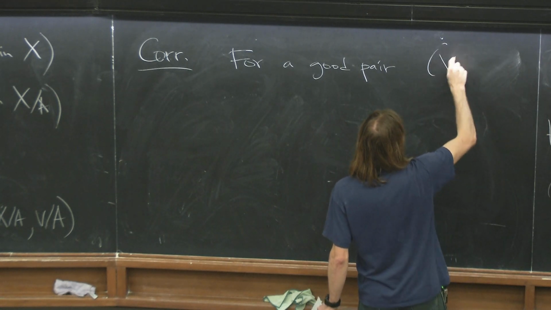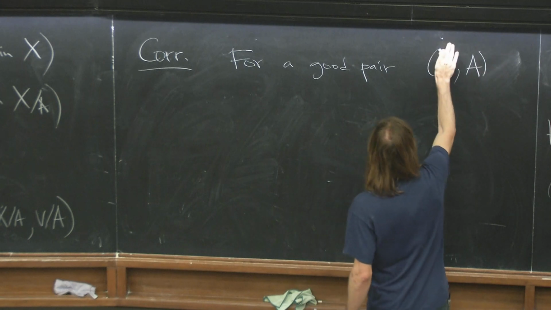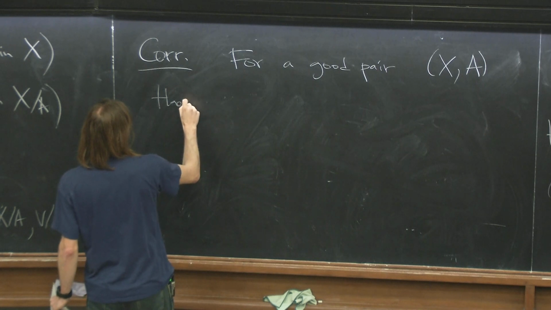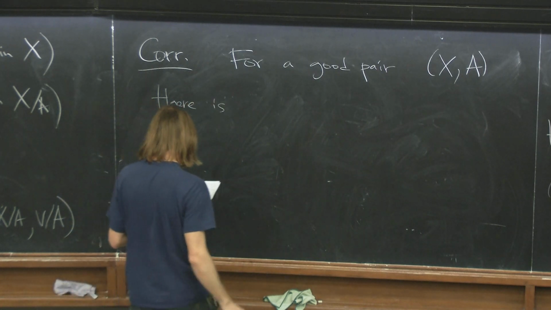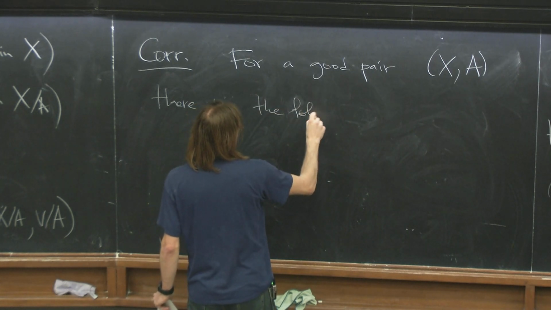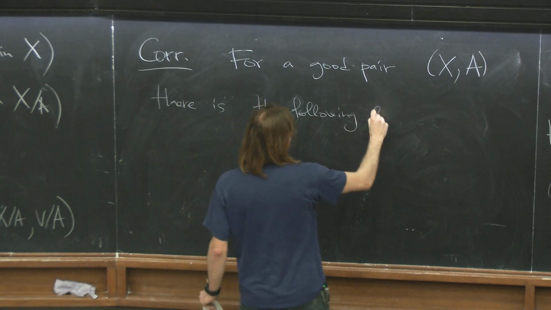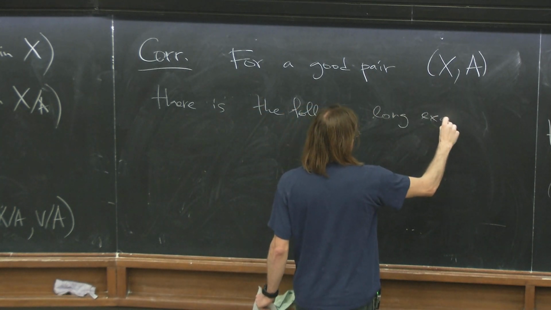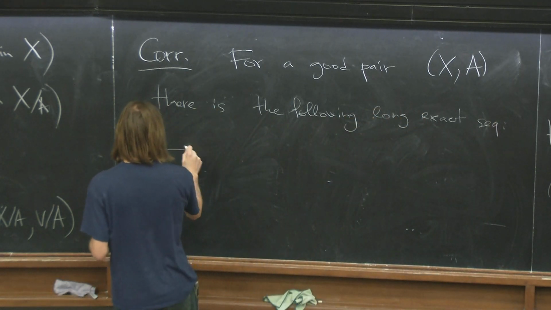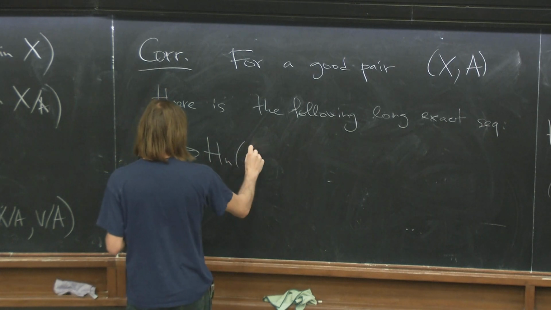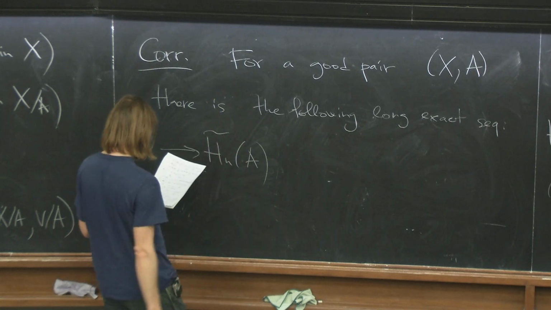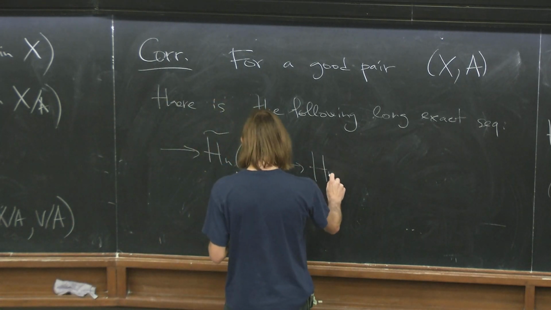The good pair X, A. There is the following long exact sequence of, again, for convenience, we use just reduced homology groups.